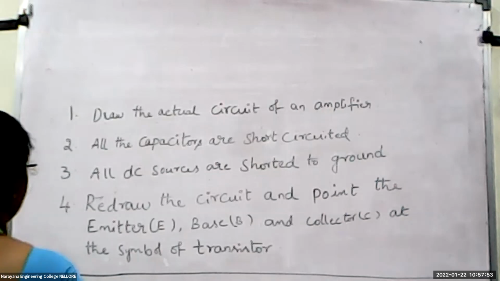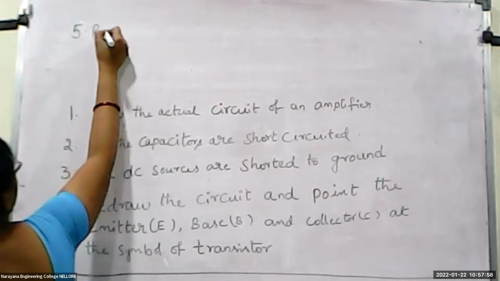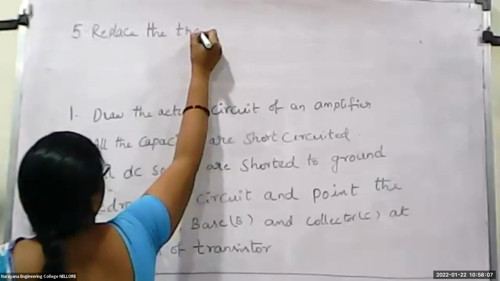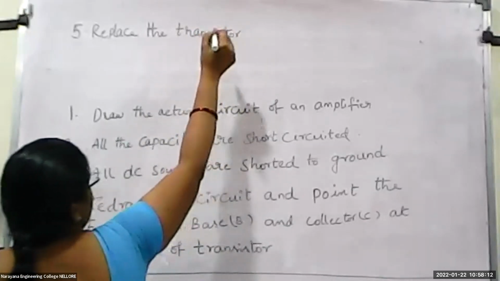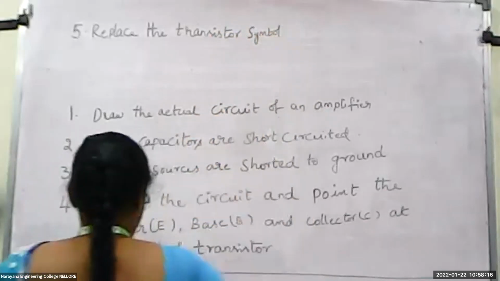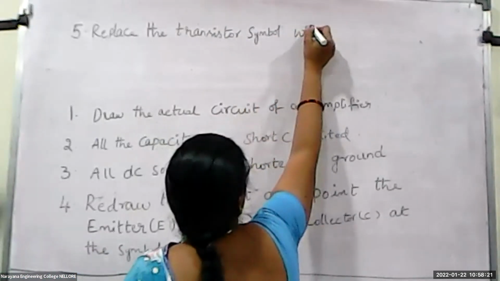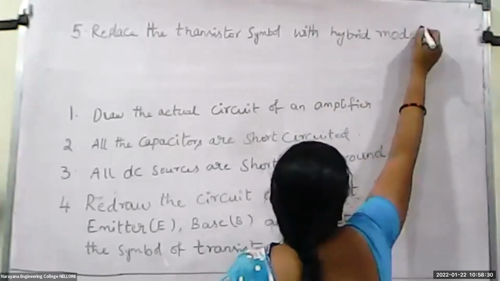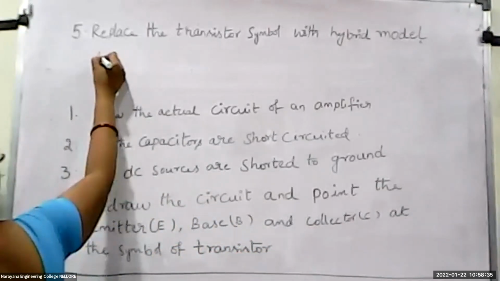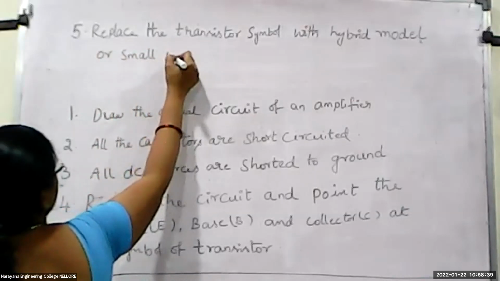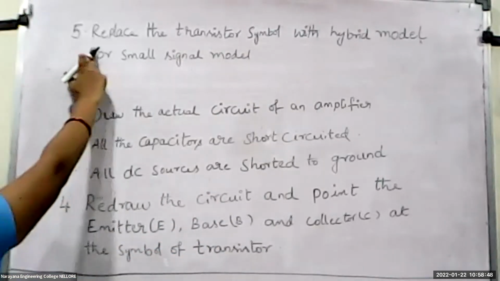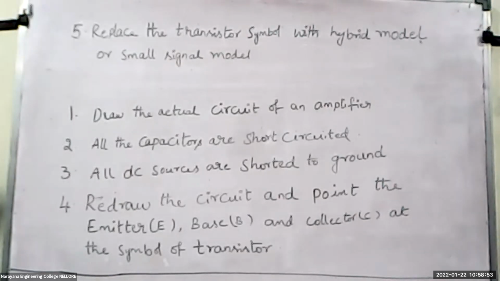Fifth point is replace the transistor symbol with hybrid model, or you can also call it small signal model.